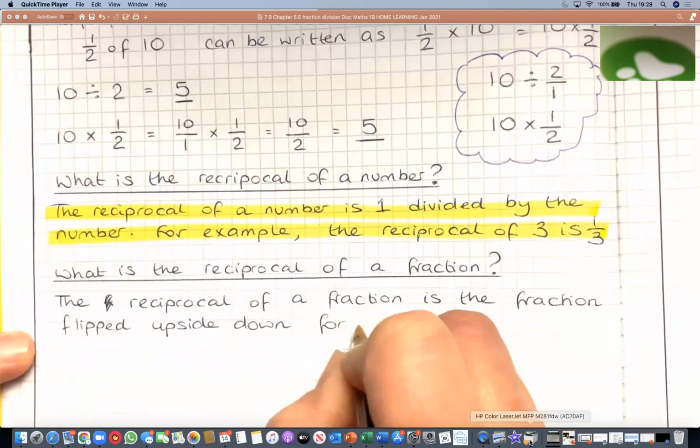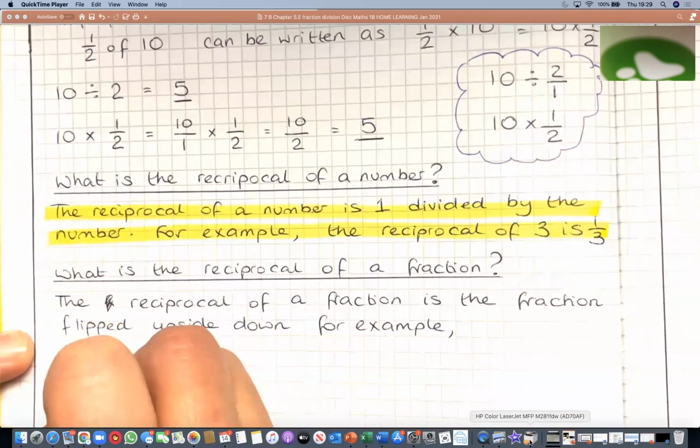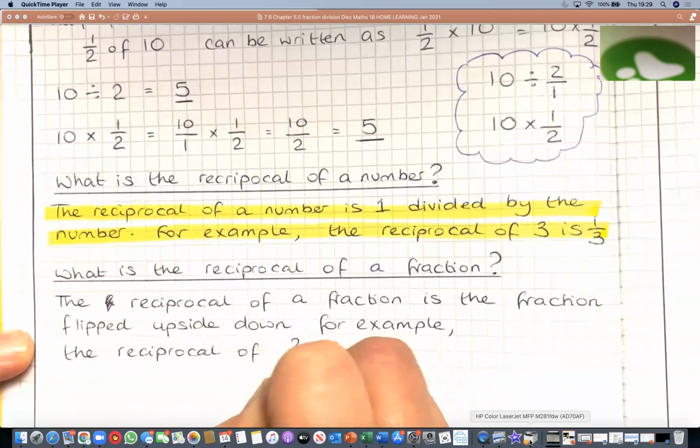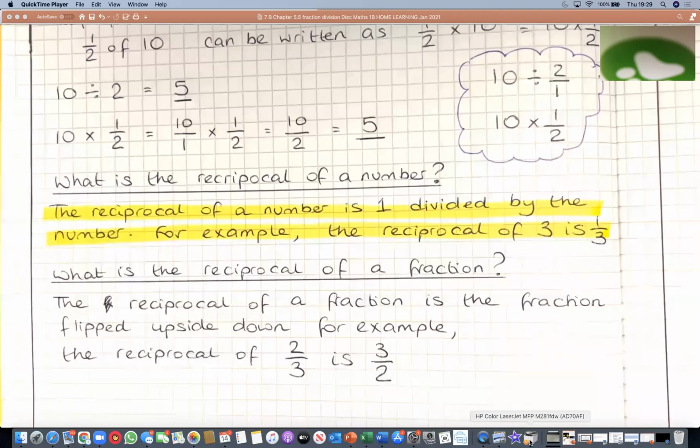So the numerator becomes the denominator, and the denominator becomes the numerator. So for example, the reciprocal of 2/3 is 3/2.